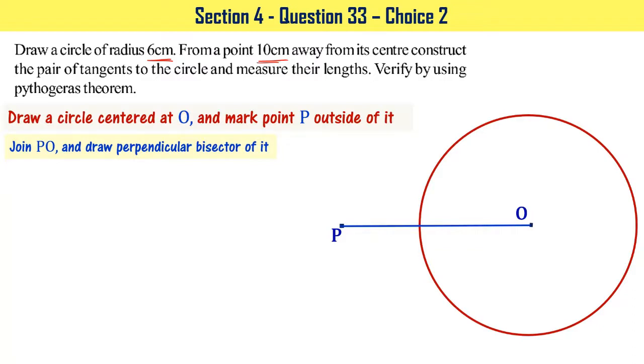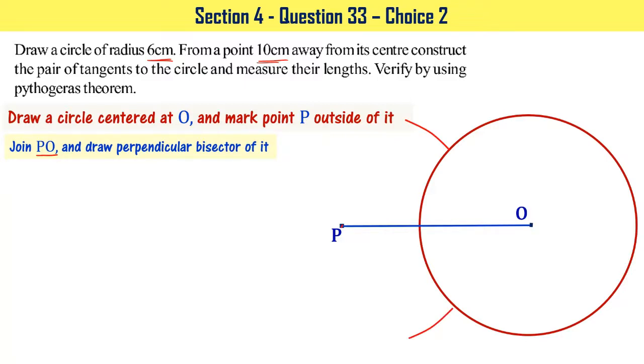Now let's draw a perpendicular bisector to line PO. When I mean perpendicular bisector, it means I want to divide this into 2 equal parts. How do I do it? With the help of compass we can do. Let's say that you keep the needle of your compass at point P and draw 2 arcs as shown here.